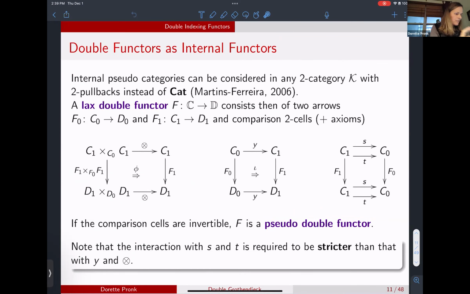The point is that if we take lax double functors, we ask that composition and identities are preserved up to a two cell, going in the direction indicated. But for source and targets, we do not put any two cell in there, so they need to be preserved strictly. And again, this is so that when I come back to that, you see where that's important.